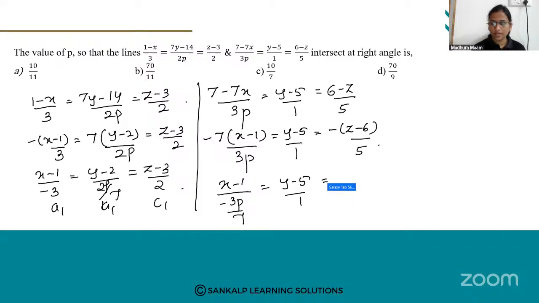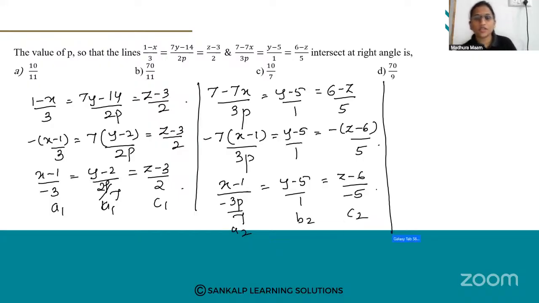And this can be written as z minus 6 by -5. Now observe, is it in the form of standard? Yes. Okay, so now this is a2, this is b2, this is c2, correct? Now use the information they have given to find out p. What have they said? The two lines intersect at a right angle. That means they are perpendicular to each other. That means a1 a2 plus b1 b2 plus c1 c2 equals 0.